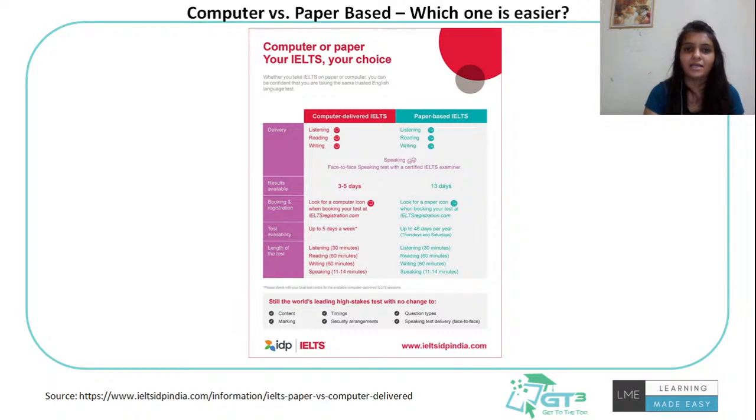If you are very techno savvy, well versed with the computer, and have a fast typing speed, you can opt for the computer based exam. And if you are in a hurry to get your test report, you can attempt the computer based, as it arrives in 3 to 5 days.